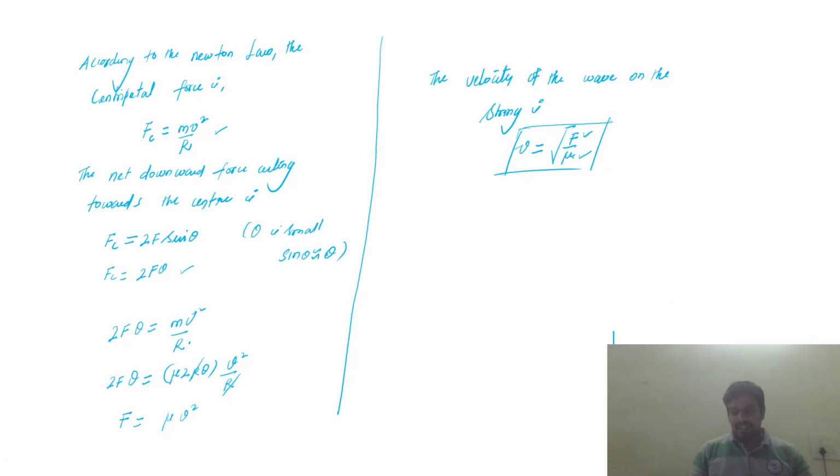On the other hand, if the mass of the string or the linear mass density is large, then the wave velocity on the string will be small. So one is inversely proportional, the other directly proportional, hence the square root. This is the way we can calculate the speed of the wave on a string.